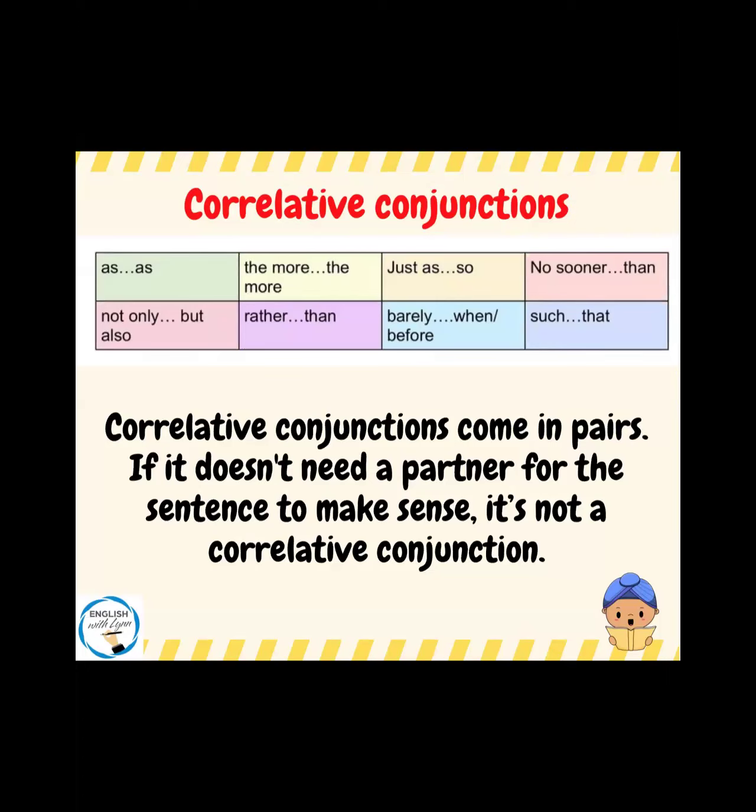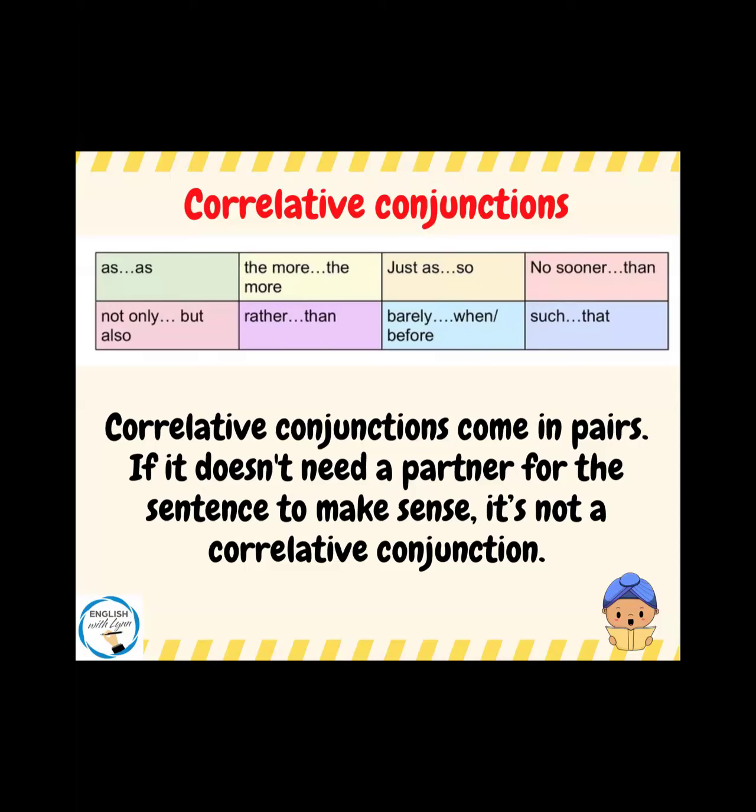Because what I think you may have noticed is, for example, the word so is part of your FANBOYS conjunctions, so it is a coordinating conjunction. But when it is used just as, and then so, to link the second idea, it is being used as a correlative conjunction. So if it doesn't have the partner, it isn't being used as a correlative conjunction.